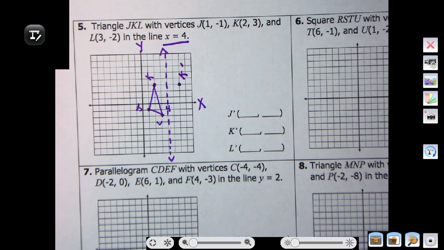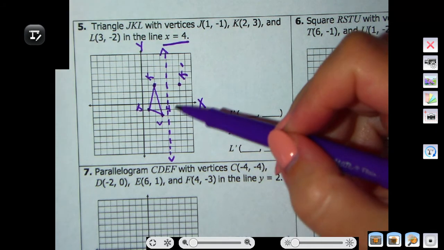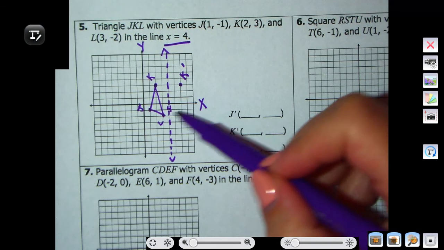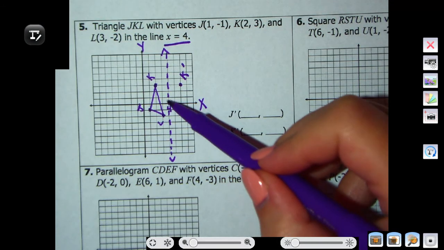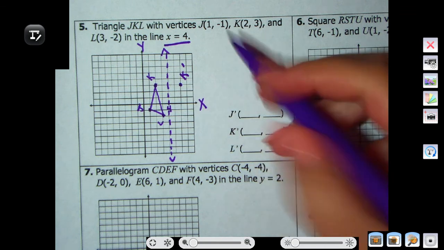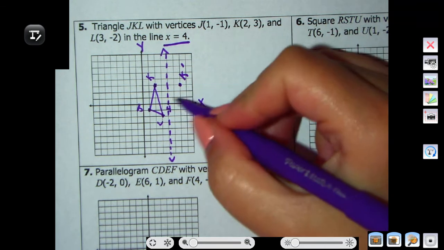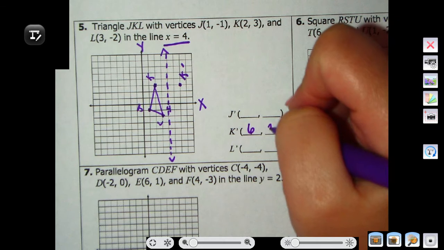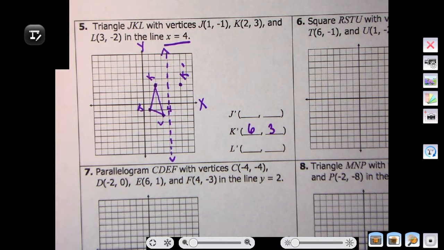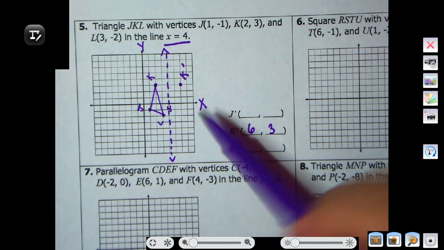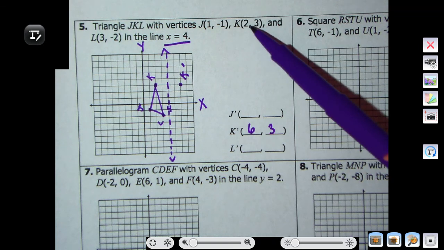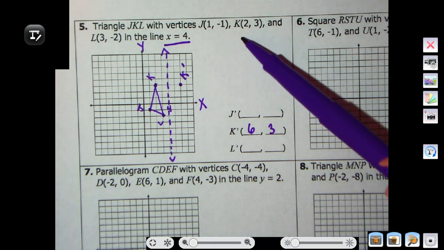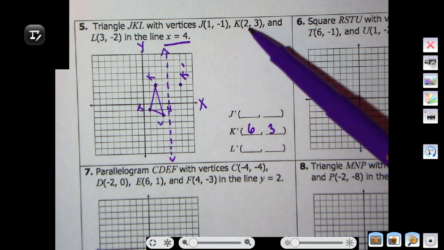And let's label what the coordinates are. So for K, I'm going to count 1, 2, 3, 4, 5, 6. And then I'm up 1, 2, 3. So if I compare the original, I went from 2, 3 to 6, 3.